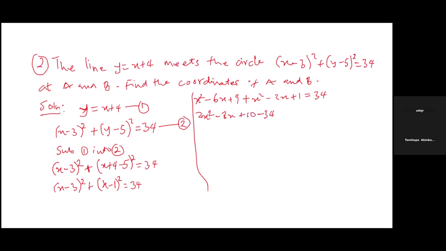So this will be 2x squared minus 8x minus 24 equals 0. So it's also divisible by 2. So I divide each term by 2. So that gives x squared minus 4x minus 12 equals 0.